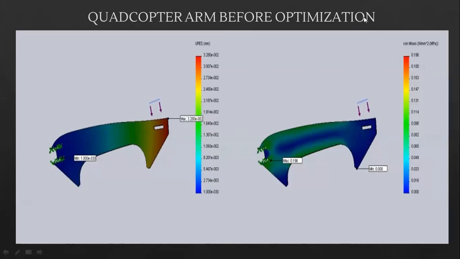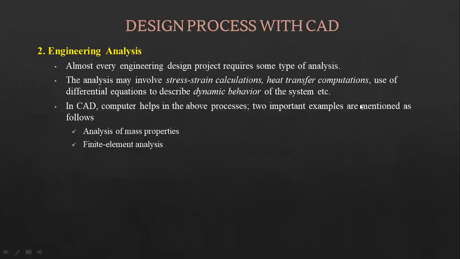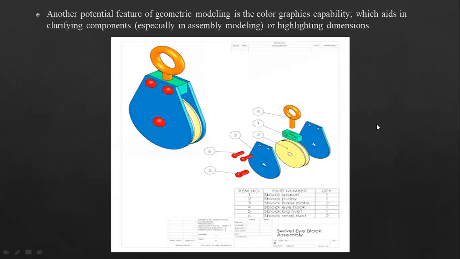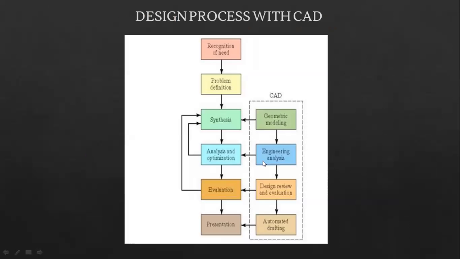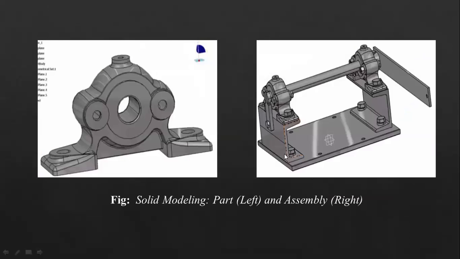We saw that engineering analysis, right? Design analysis and optimization, both are involved there, right? So this engineering analysis, once you have come up with the results, you'll try to optimize that, isn't it? So that's what we are doing.